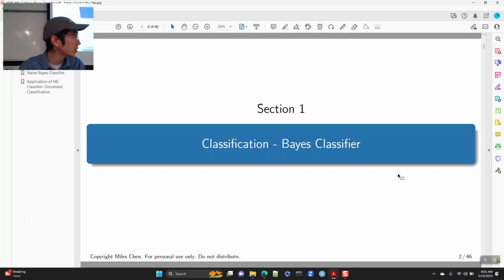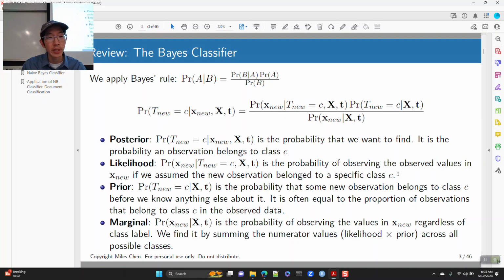Just to review how it works, we apply Bayes' rule: the probability of A given B is the probability of B given A times the probability of A, divided by the probability of B. In terms of classification, the probability that something belongs to a class, given the data, equals the probability of getting the data given that class, multiplied by the prior probability of that class, divided by the marginal probability of getting that data regardless of the class.